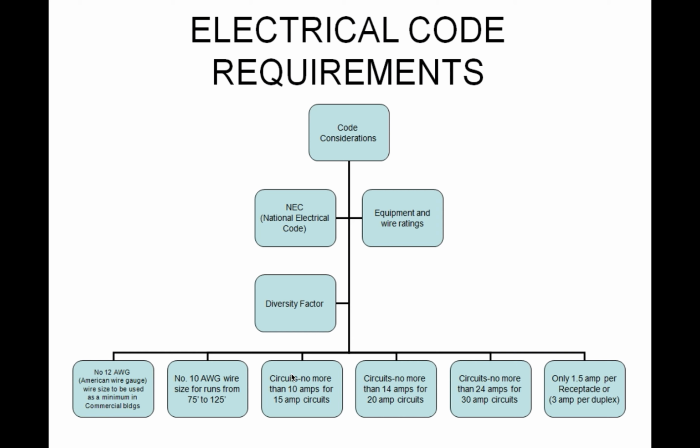Where you have a 15 amp circuit, you're not supposed to load it more than 10 amps, and the code has these restrictions. If it's a 20 amp circuit, you should have a maximum of only 14 operational amps, and on a 30 amp circuit, 24. So you're playing it safe by never going up to the maximum the circuit can handle, because at that point you're just pushing the limits.